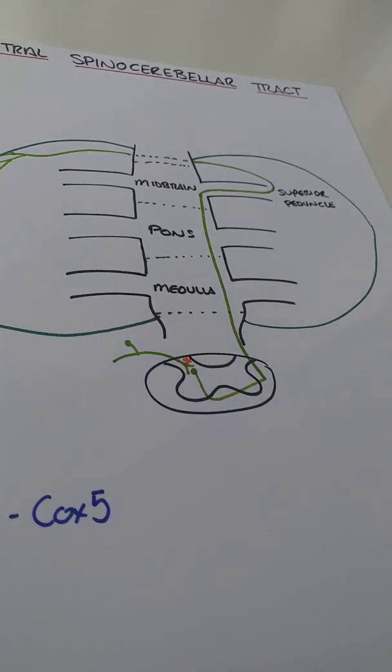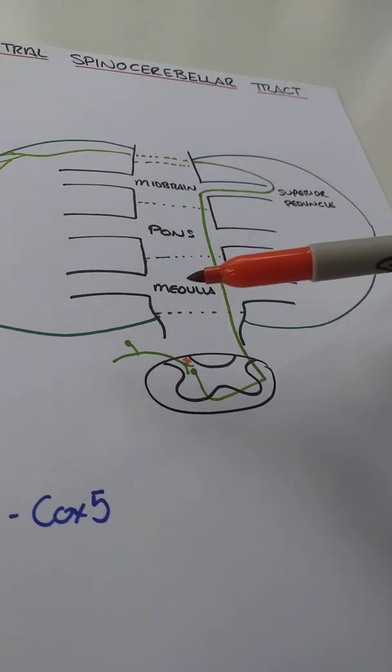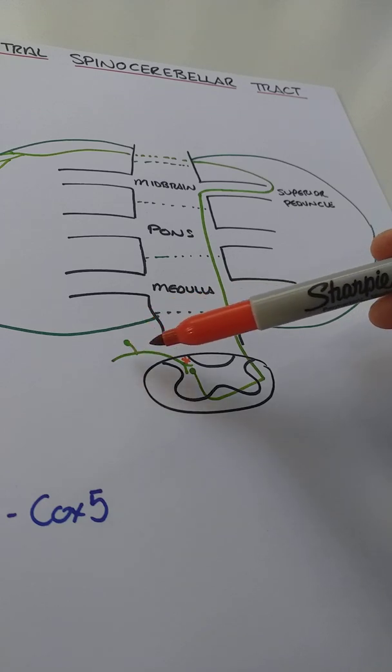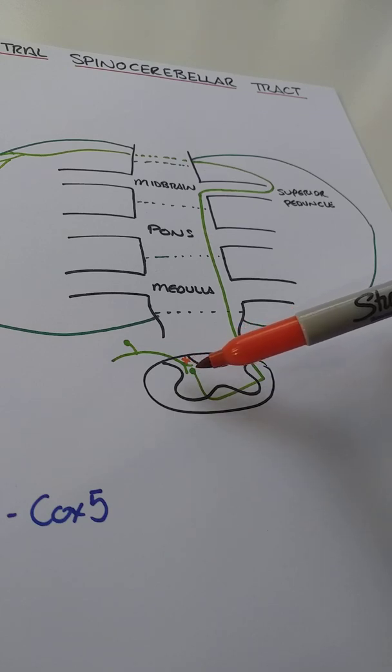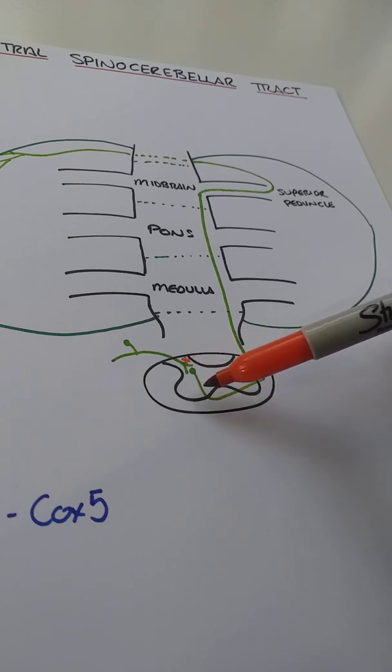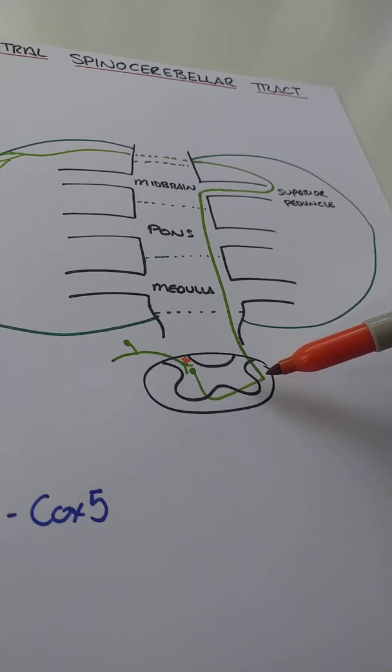Okay, just to run through that again. Messages come in from the periphery into the grey matter. Synapse with the second order neuron. It synapses and decussates, comes over to the ventral grey matter on the opposite side. Is that ventral?